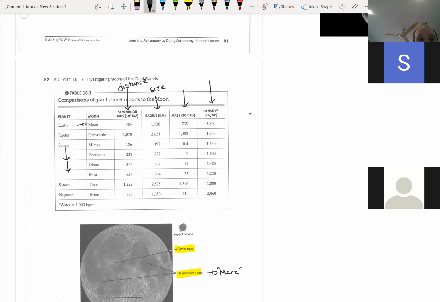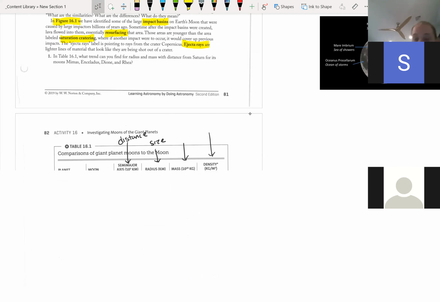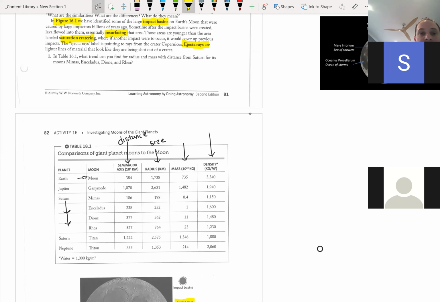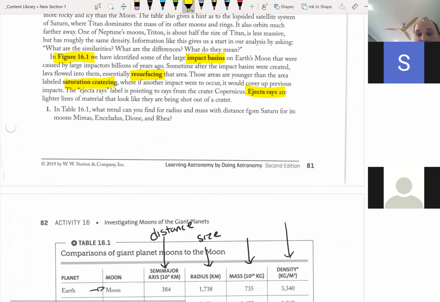Okay, and the first question is really just analyzing the data table. Basically what you want to do is see if there's a trend between radius and mass with distance from Saturn for these 4 moons.